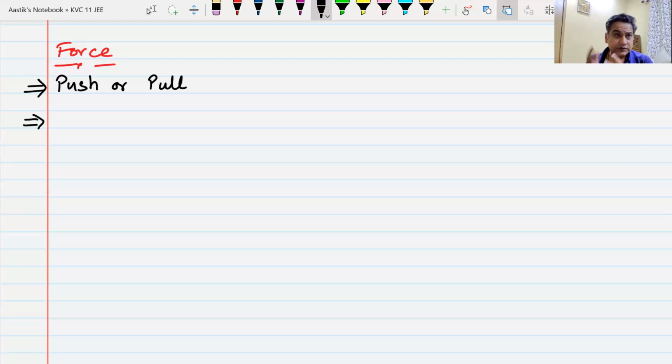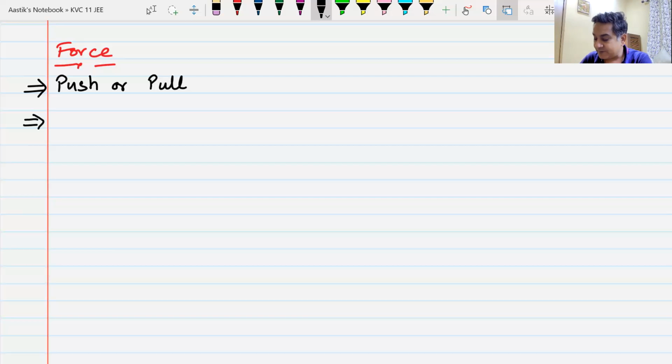You see sun, you see earth, you see moon. Now earth and moon, any two bodies in the universe. This is one body, this is the other body. If they interact with each other, if they influence each other, that influence, that interaction between any two bodies is known as force.